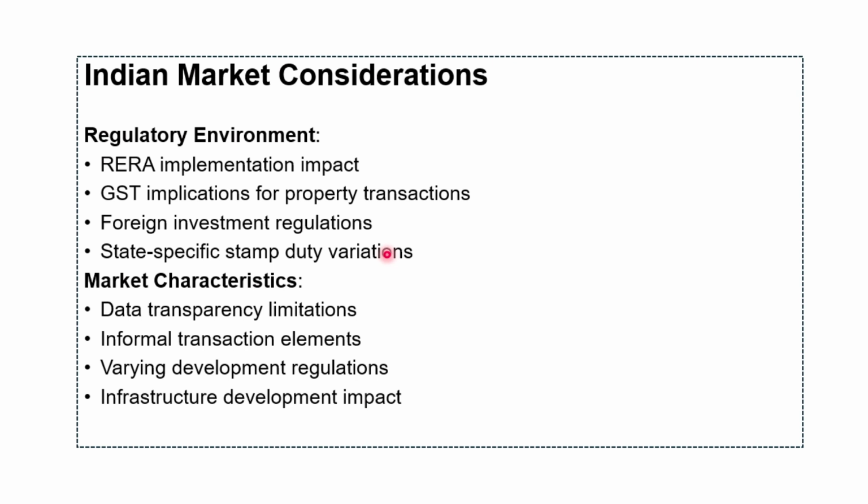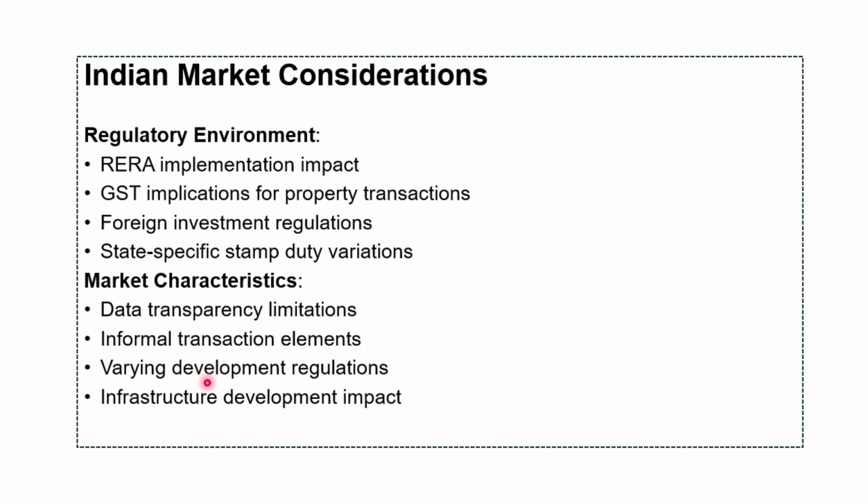Then market characteristics present additional challenges. Data transparency limitation means you often have less reliable information than in developed markets. Informal transaction elements still exist in many segments, complicating analysis. Varying development regulation across states creates different risk profiles for development projects, and infrastructure development impact can dramatically change property values both positively and negatively, making location analysis crucial but complex.